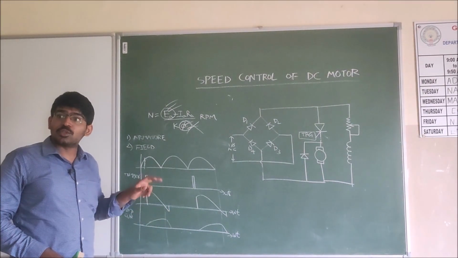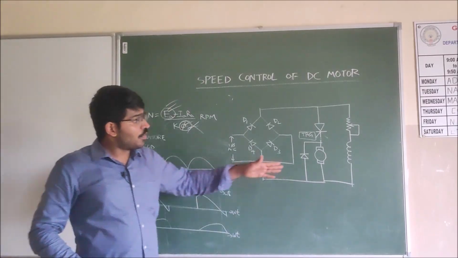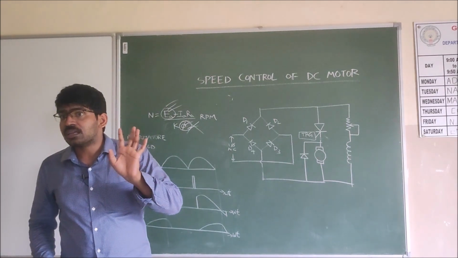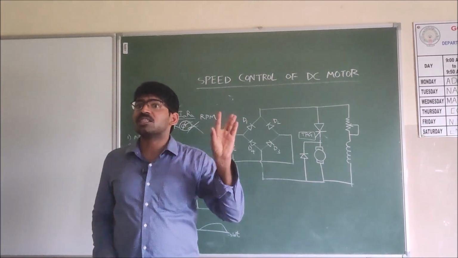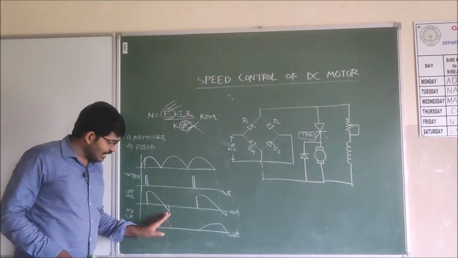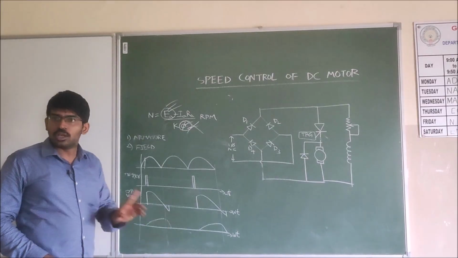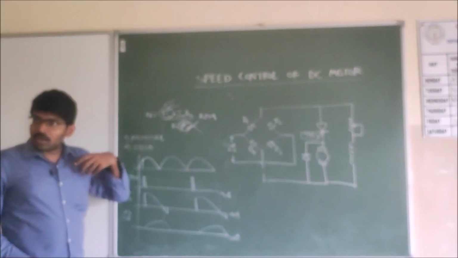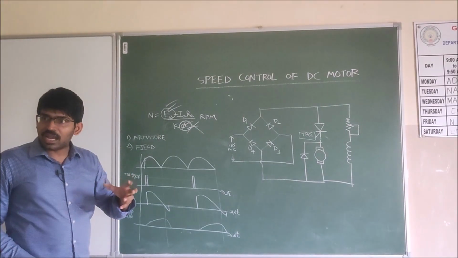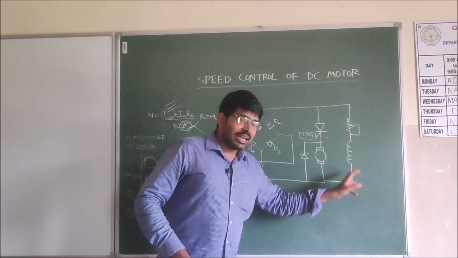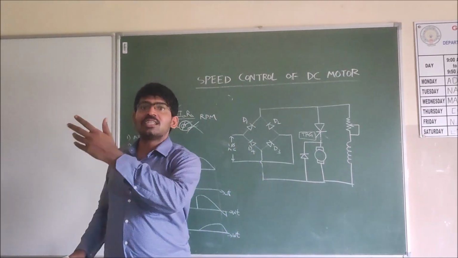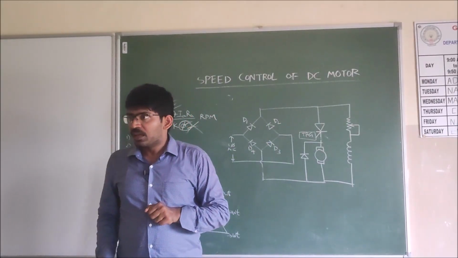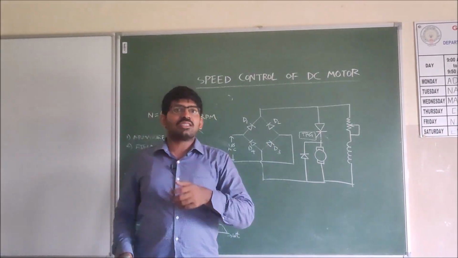But the current, why is it providing the current? Because an inductor does not allow sudden changes in current. Here the current is suddenly trying to become zero. The inductor will oppose, saying, I am ready to provide the energy. The inductor gives whatever energy it has, so it fully discharges.